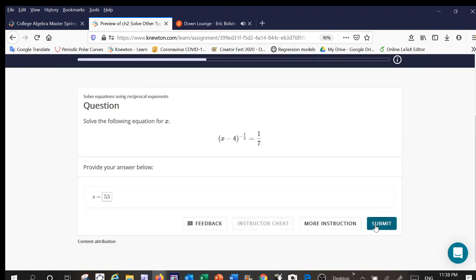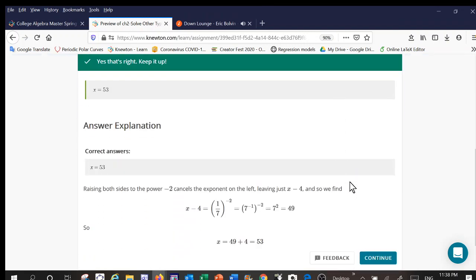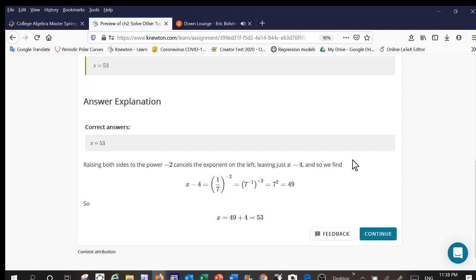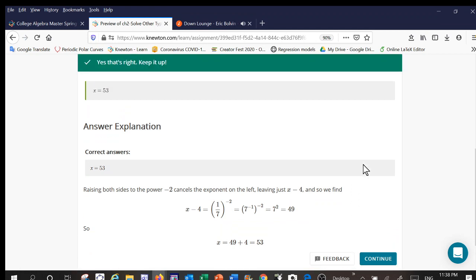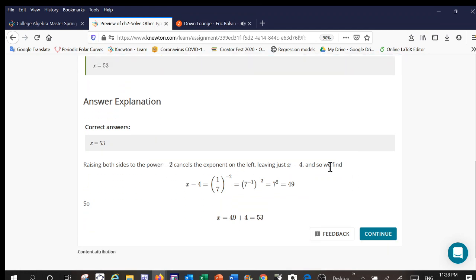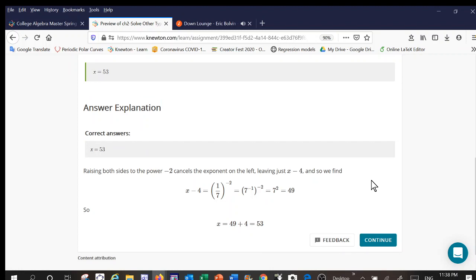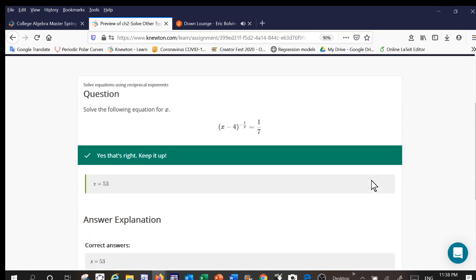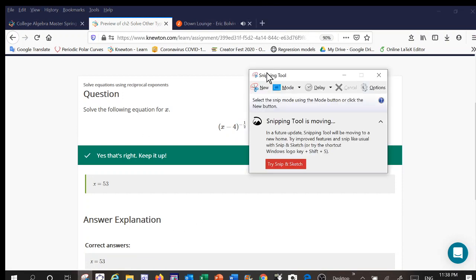So we can raise both sides to the power of -2, cancels the exponent on the left, and then we get that, right? So we can make the exponent 1 by raising it to -2. That's one way to do it.